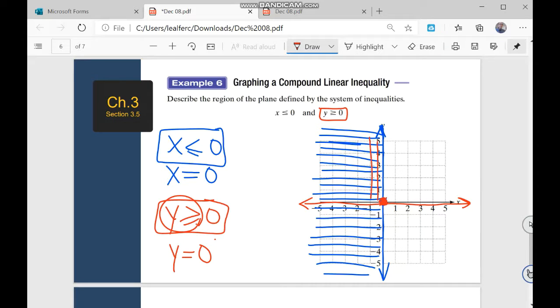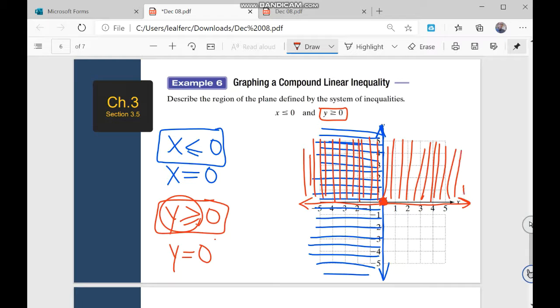Everything above the line is this thing. Even this side here as well.